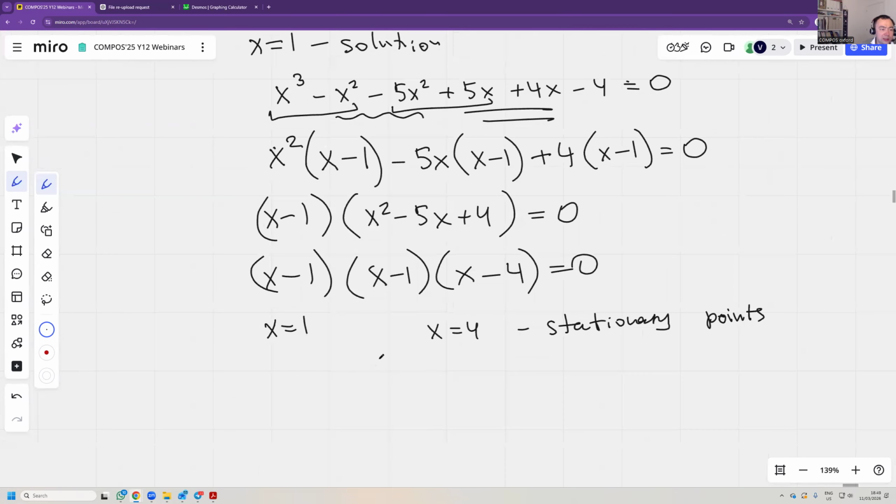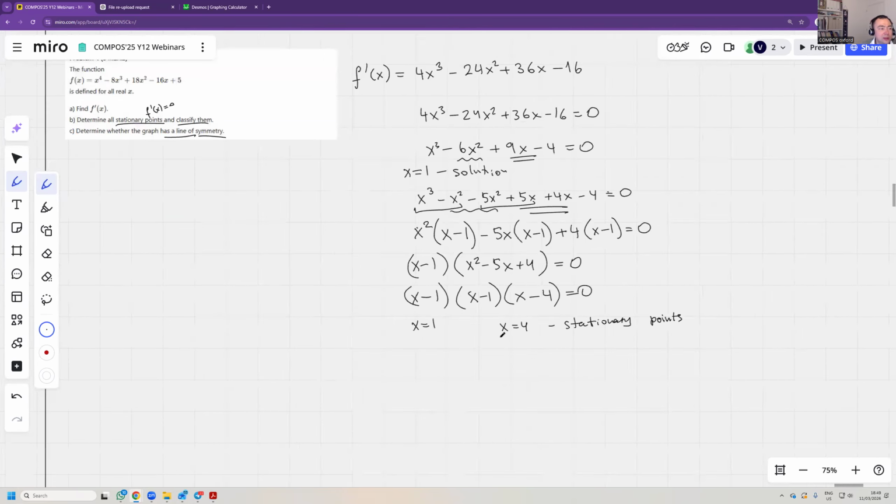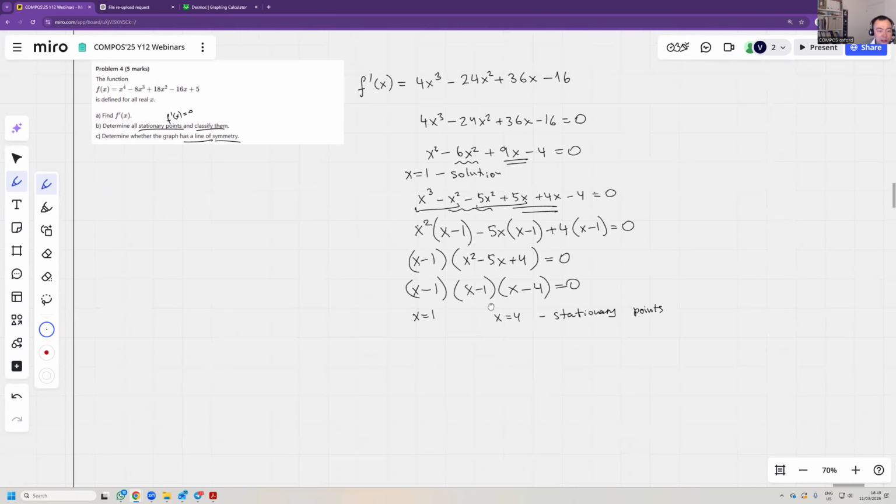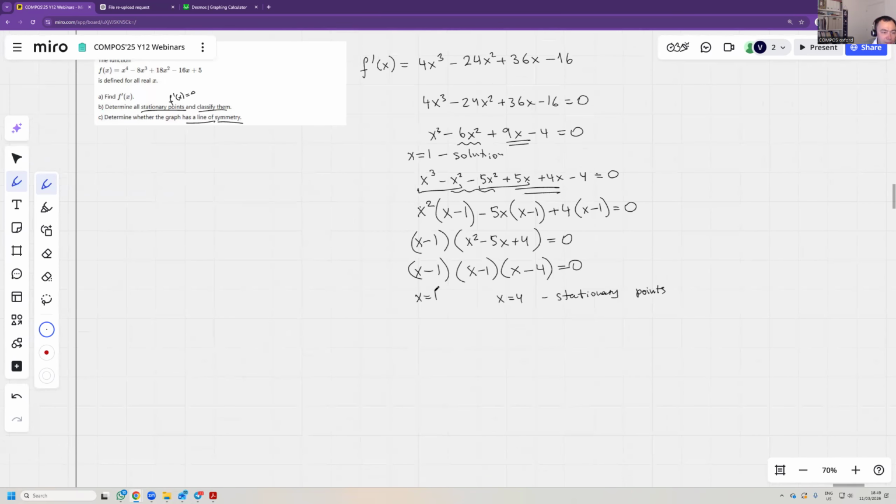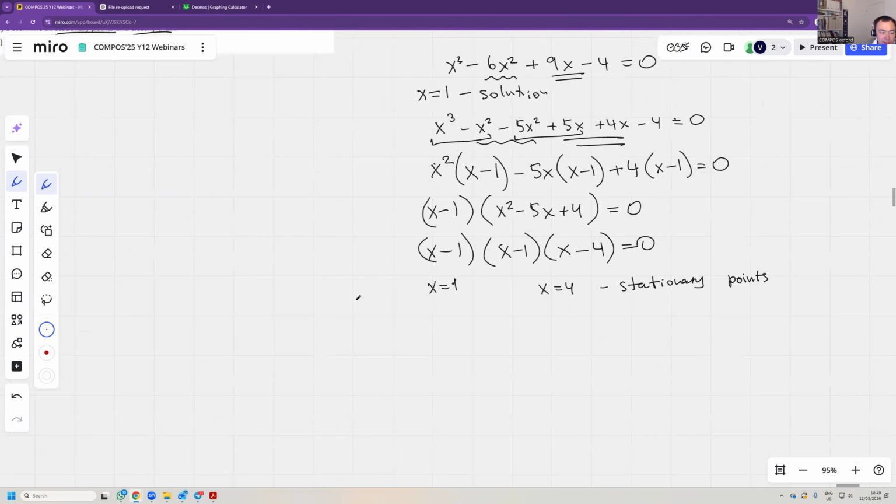And then I can determine their nature. To classify them, I find the second derivative.